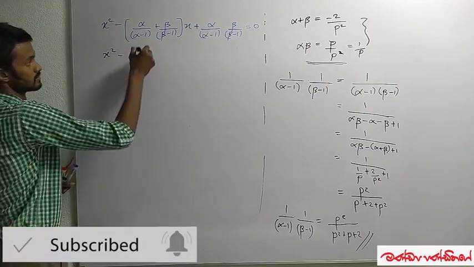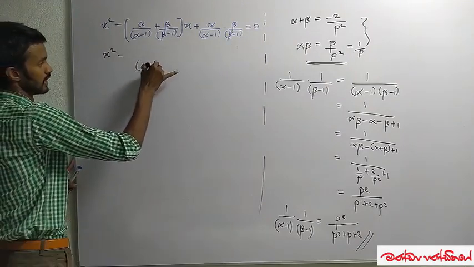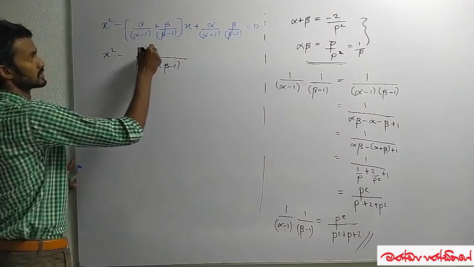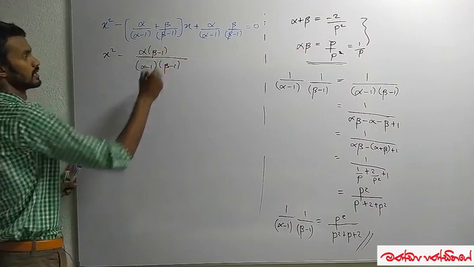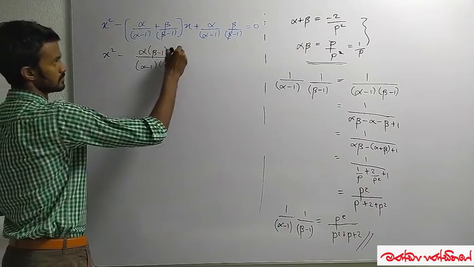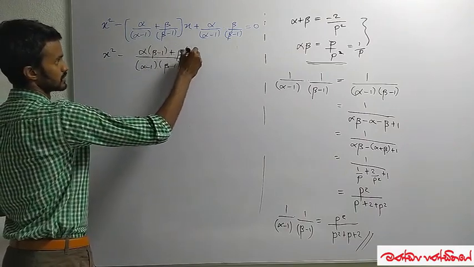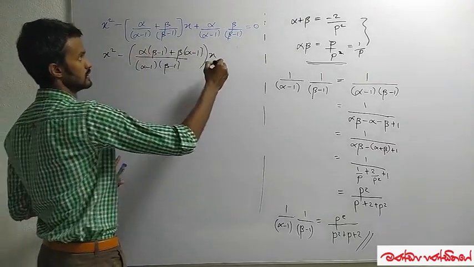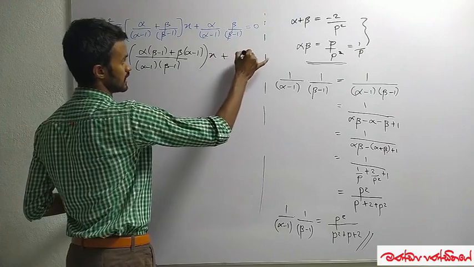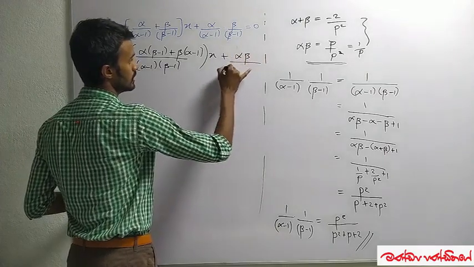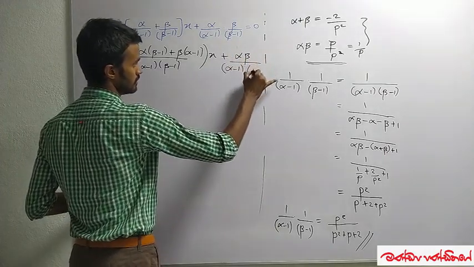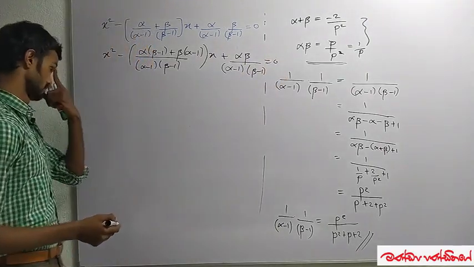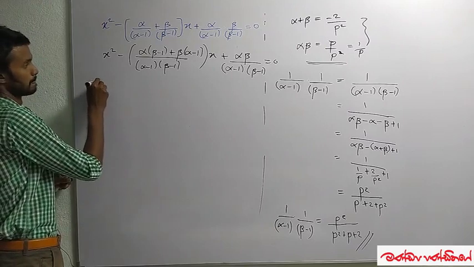I'm getting x squared minus, I'm taking alpha minus 1, beta minus 1 as the common denominator. I get alpha times beta minus 1 plus beta times alpha minus 1, x, plus alpha into beta is alpha beta over alpha minus 1 beta minus 1 is equal to 0.